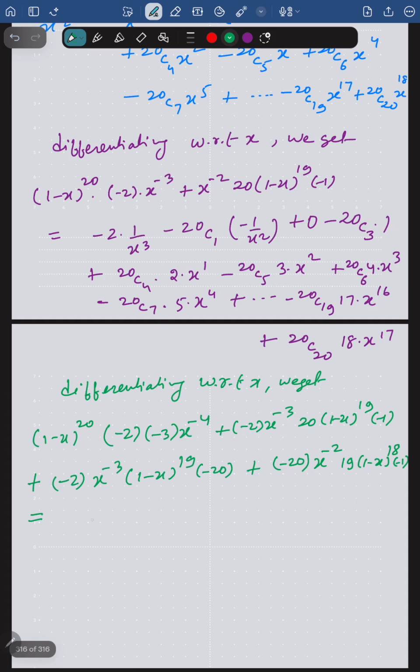Now we will come to the right hand side. Right hand side will give you minus 2 into minus 3 into 1 by x power 4 plus next minus 20c1, minus 20c1 and minus 1 by x square becomes positive. So 20c1 1 by x square will give you minus 2 into 1 by x power 3.